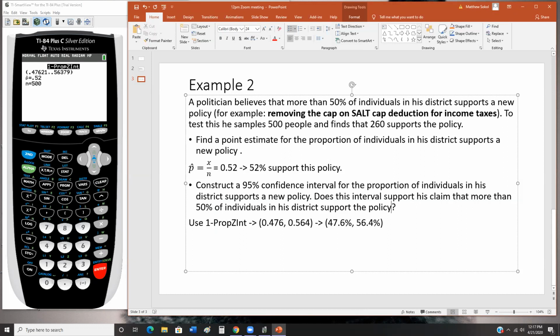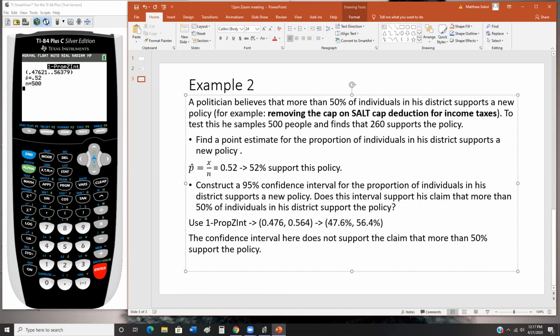So you have to be careful when you see surveys that say something like, oh, 52% of people support this policy. Well, what could the real values possibly be? That's why these confidence intervals are important. The confidence interval here does not support the claim that more than 50% support the policy.